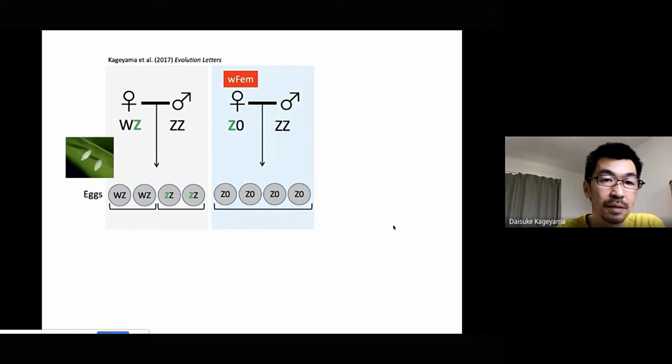When we observe the embryos and eggs, normal females produce both ZW and ZZ, but wFem-positive females produce only ZO embryos. They do not cause male killing.